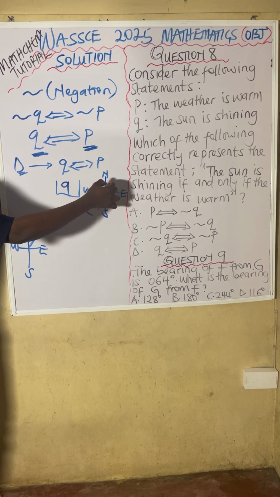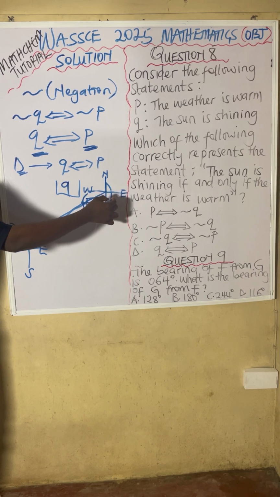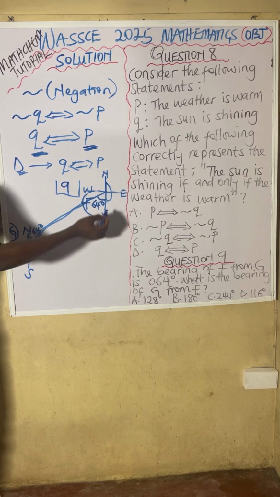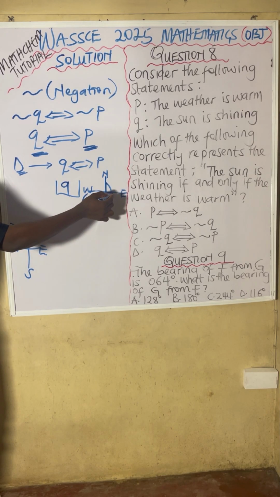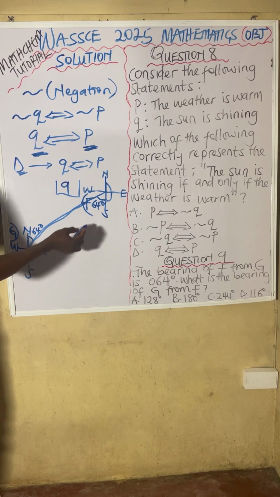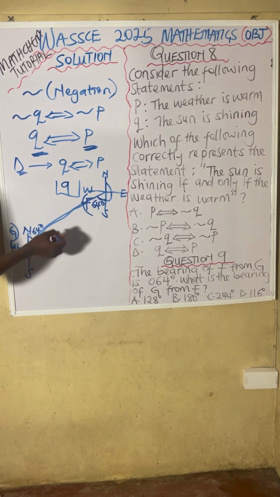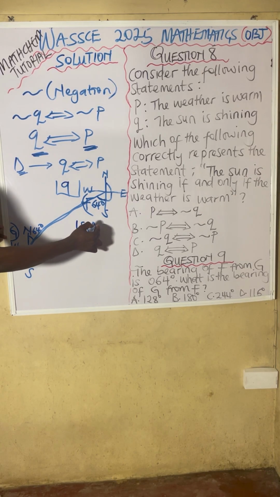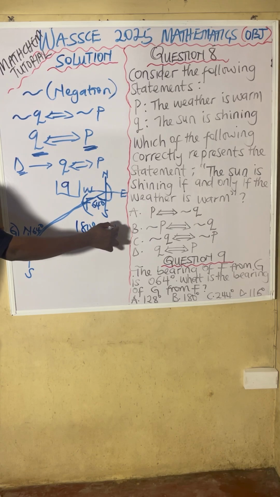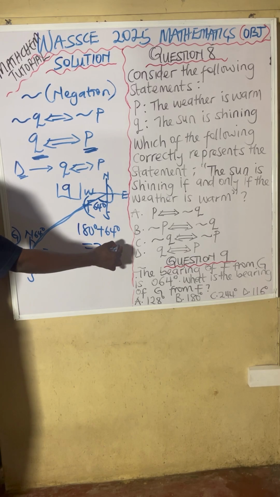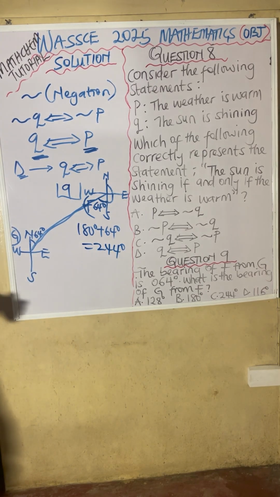So from north to east to south, the angle from north to east is 90 degree. The angle from east to south is also 90. That makes it 180. Then together with this one, this is going to be 180 degree plus 64 degree, which equals 244 degree, and that is option C.